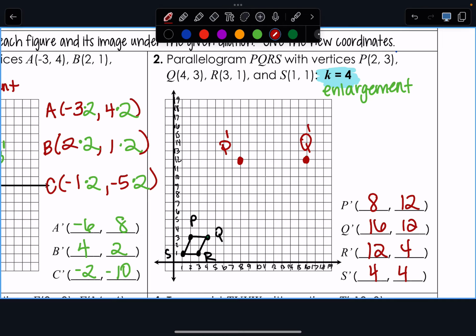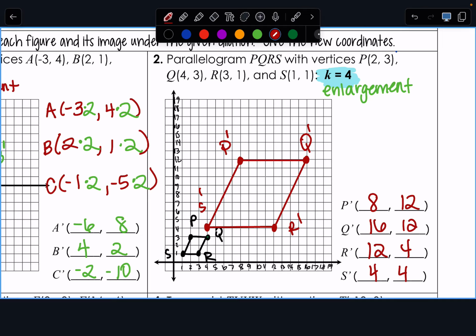I'm going to keep going faster since I have people who are bored and having conversations. 12, 4 is the new R, and 4, 4 is the new S. When you draw your new picture, it should look the same shape but different size. If it's not, you've done something wrong, whether you found your coordinate wrong or you plotted it wrong.